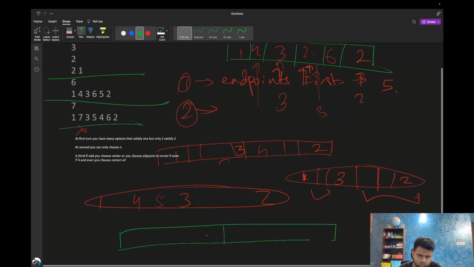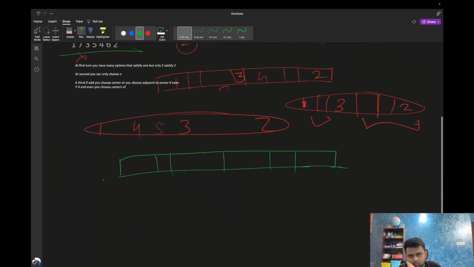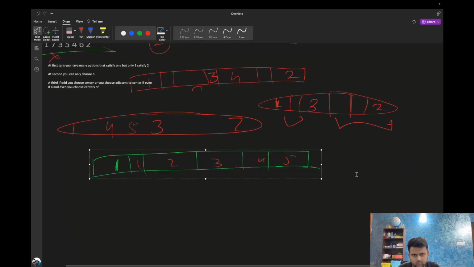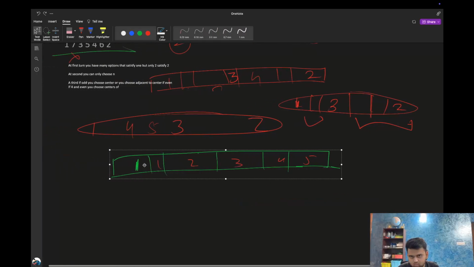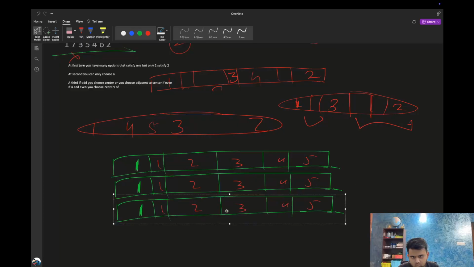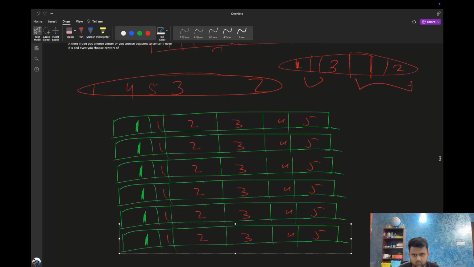So in case of 6, so you have 1, and then this array is what? 1, 2, 3, 4, 5, and then in the next turn, 4, 5, 6.